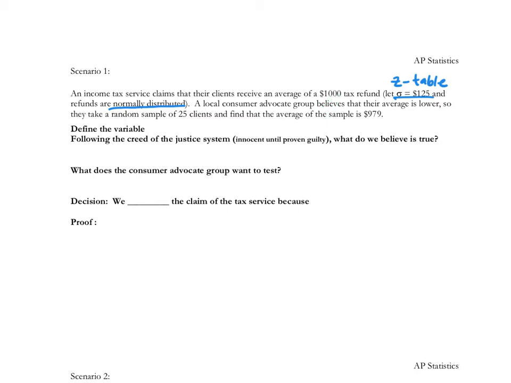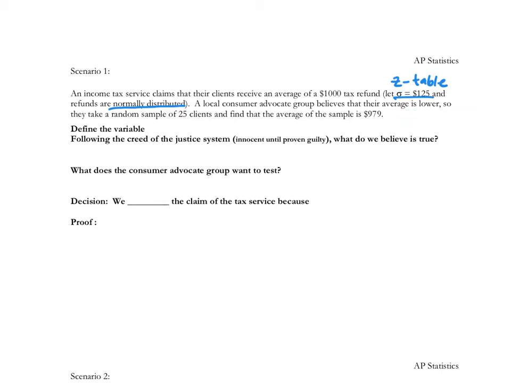And so a local consumer advocate group, so this is a group that advocates for local consumers, meaning that it fights for the local consumer in case they're getting tricked into something, right? So they want to put this claim to the test. Because this advocate group believes that the average is actually lower.